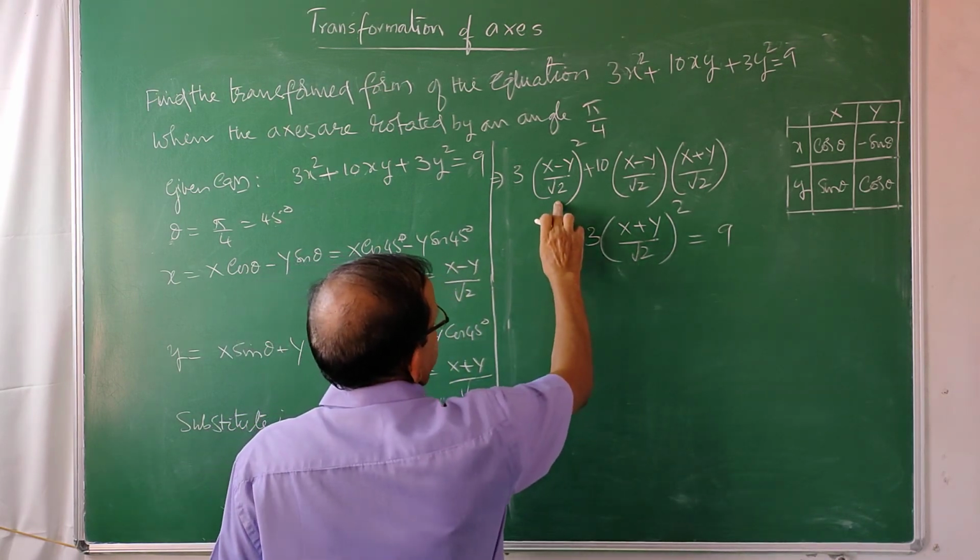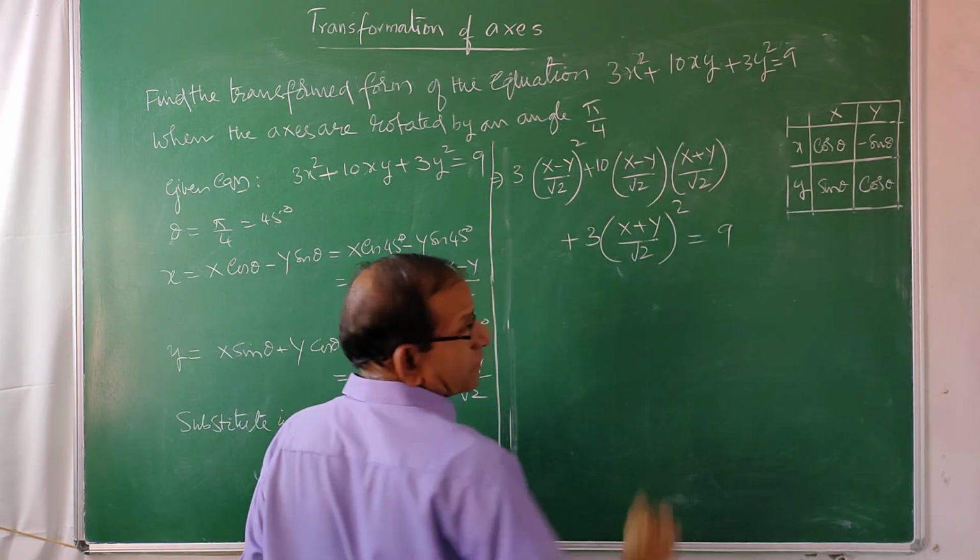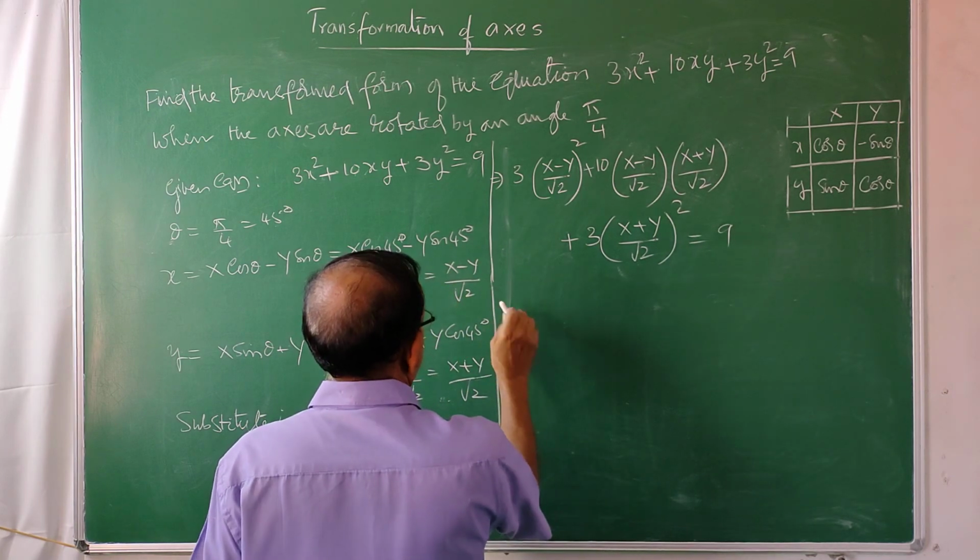Now root 2 whole square is 2, so 1 by 2 is common.